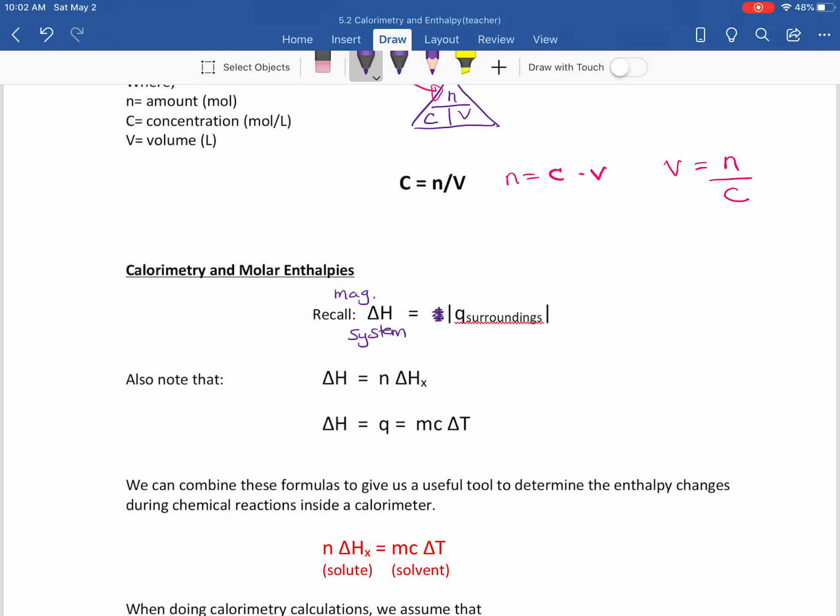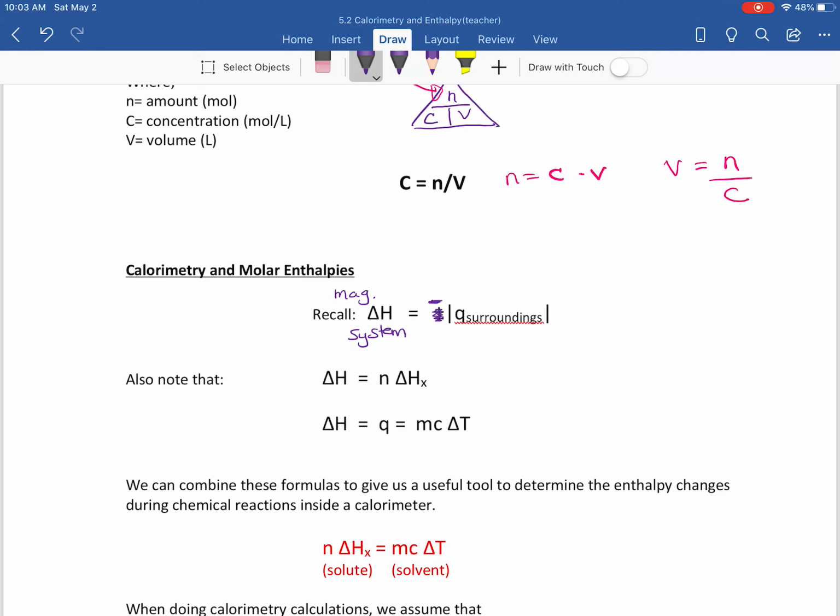But what I want you to also know is that these are opposite. If my system loses energy, the surroundings gained energy, or if my system gains energy, my surroundings lose energy.